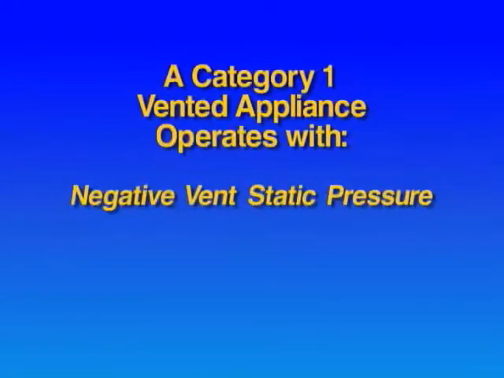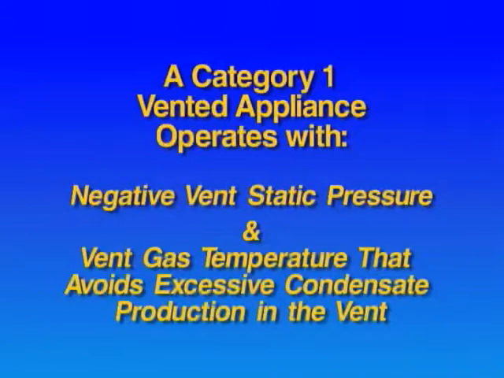According to the ANSI definitions, a Category 1 vented appliance is one that operates with a negative vent static pressure and with a vent gas temperature that avoids excessive condensate production in the vent. Since the vent gases of Category 1 appliances are usually well above the dew point temperature, they operate with only a small amount of condensation being created.